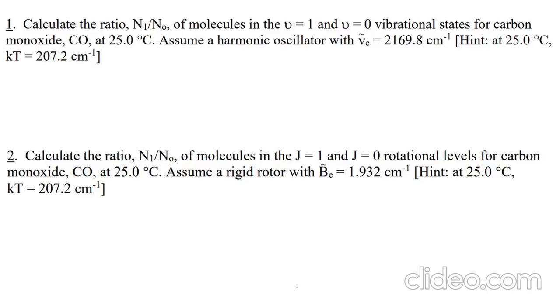Assume a harmonic oscillator with a vibrational frequency 2169.8. Hint: at 25 degrees centigrade, your kBT is 207.2 centimeter inverse. So we are going to solve this question in two ways, the calculation actually. But let's see what we are going to arrive at.